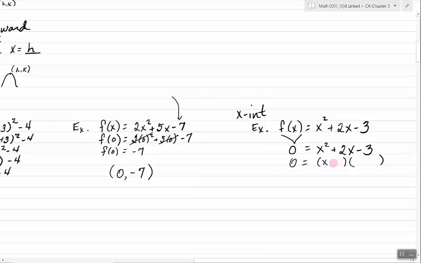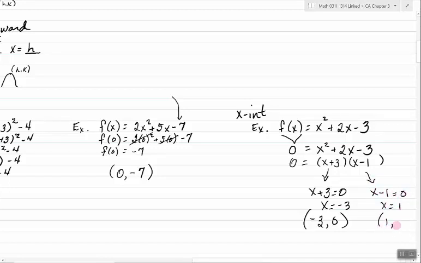So it is (x plus)(x minus). I'm going to do plus 3 and minus 1. That will give me the correct middle term. x plus 3 is 0, x is negative 3. That's the point (negative 3, 0). That's an x-intercept. This one says x minus 1 is 0, x is 1.